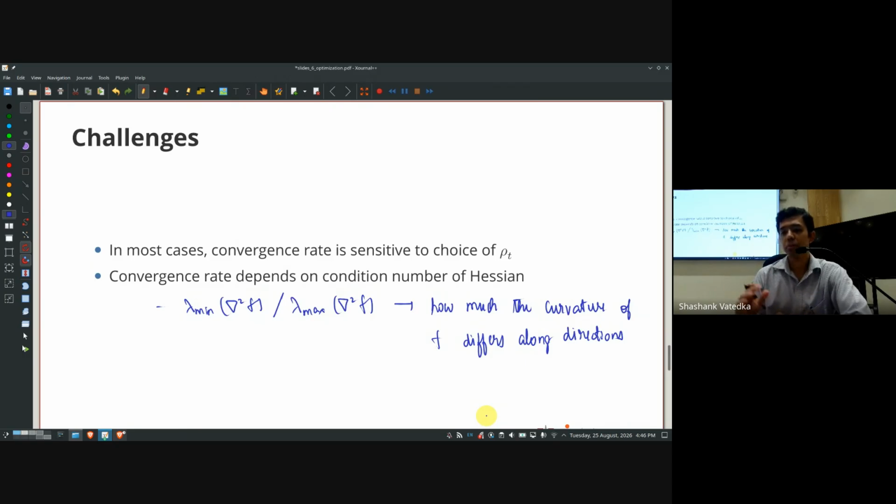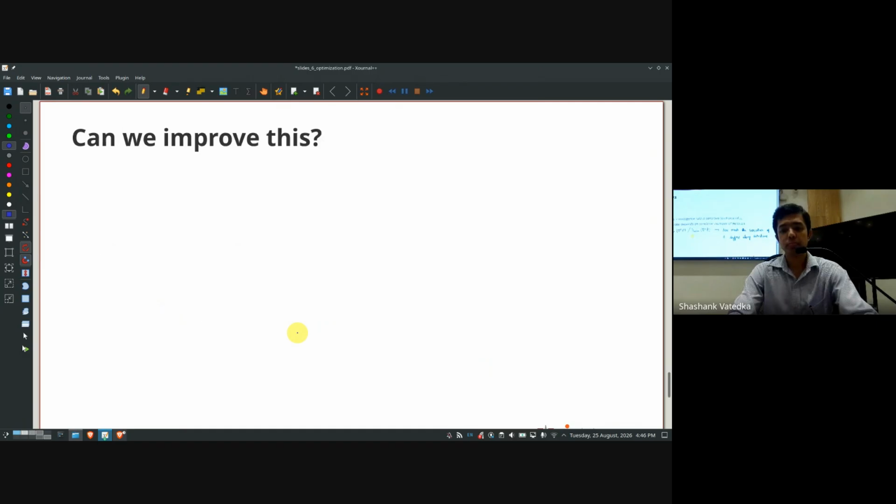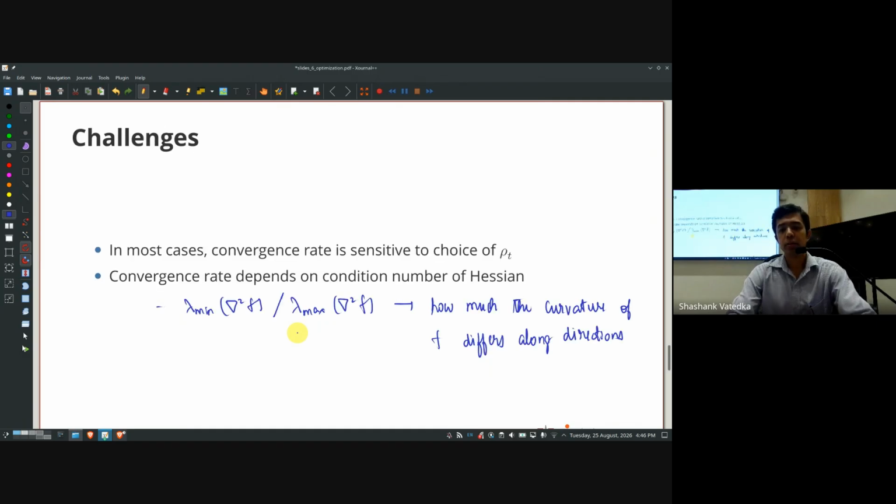Okay? Now, the curvature is different from the gradient itself, which determines the descent direction. So this is a second order derivative property and not the first order property. And one of the main reasons why we are stuck with this dependence on the Hessian or the condition number is because we are choosing a fixed learning rate.